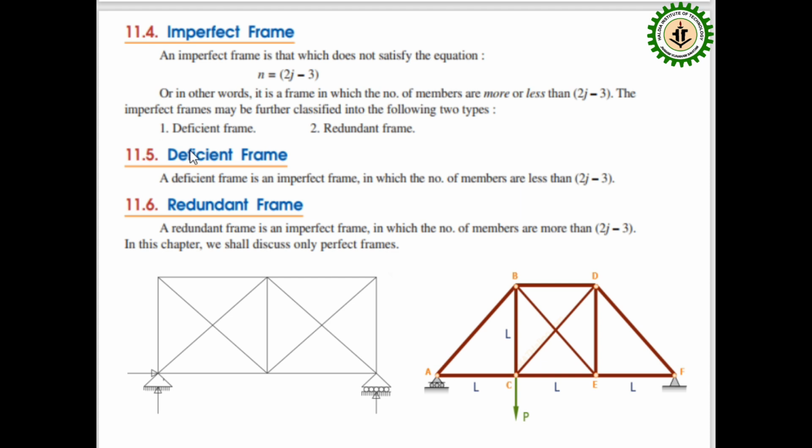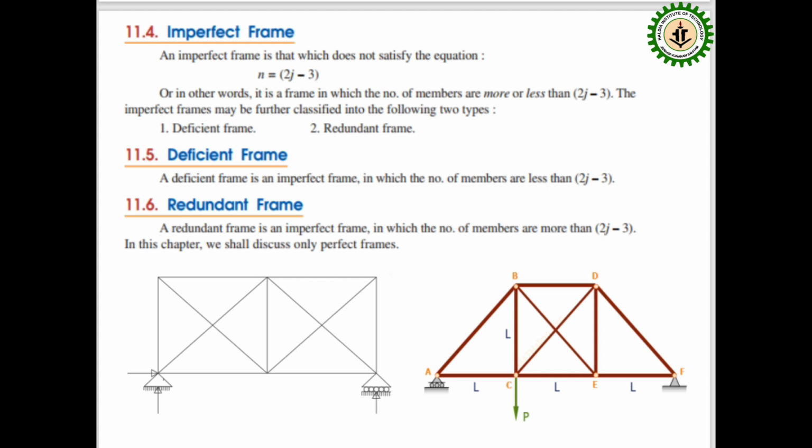So what is a deficient frame? A deficient frame is an imperfect frame in which the number of members n is less than 2j minus 3.